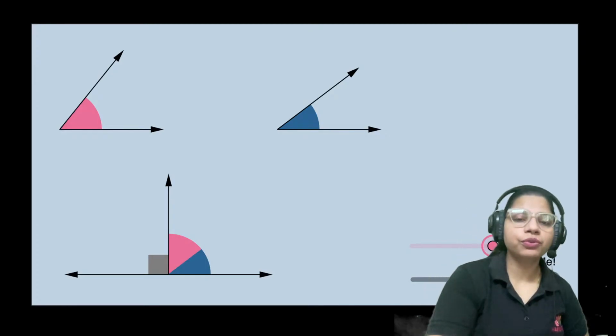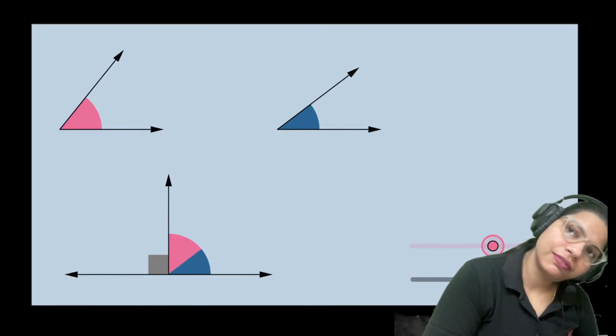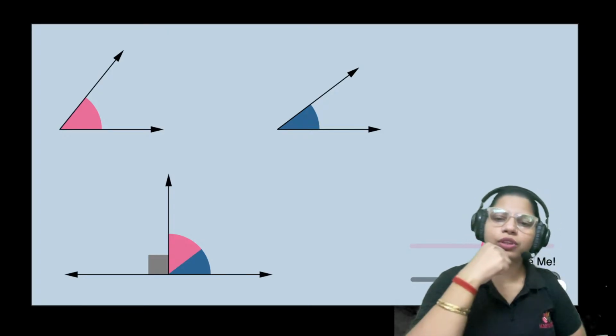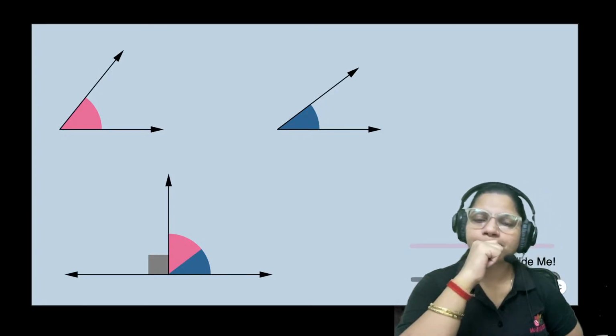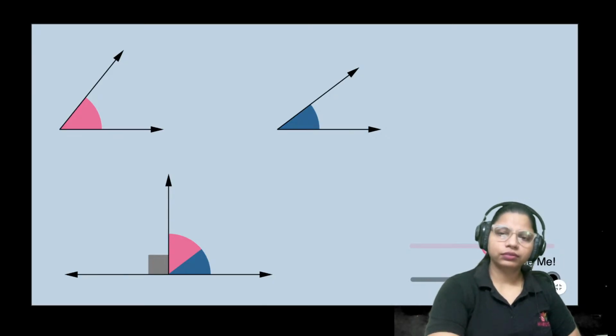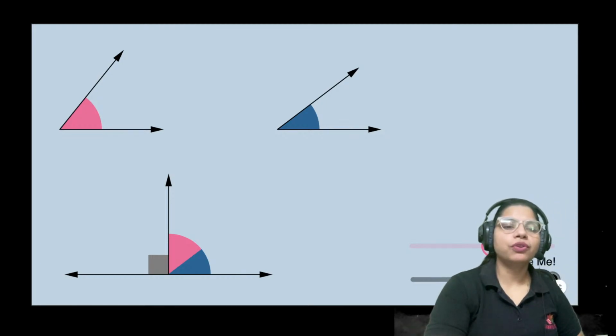If the blue is 40, the pink is, if the blue is 40, what is the pink? Yeah. If blue is 40, then the pink will be 50.